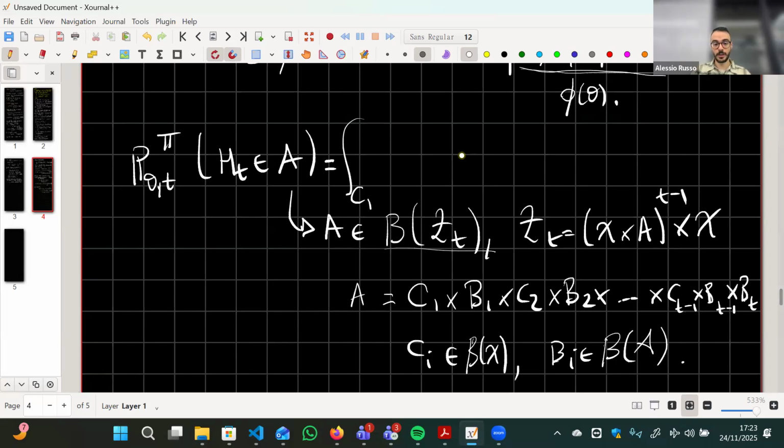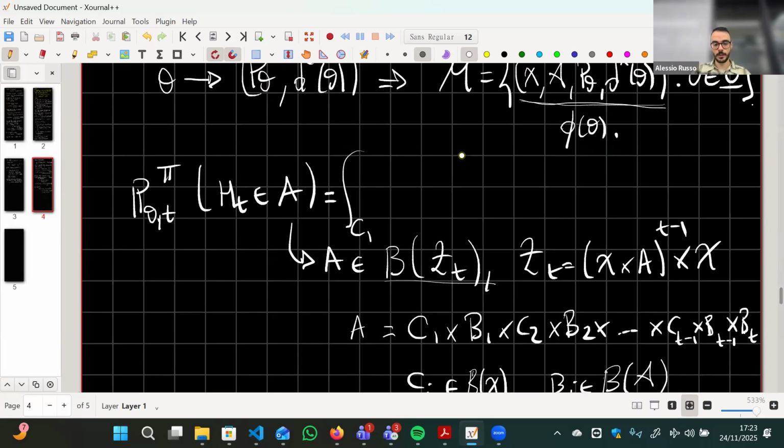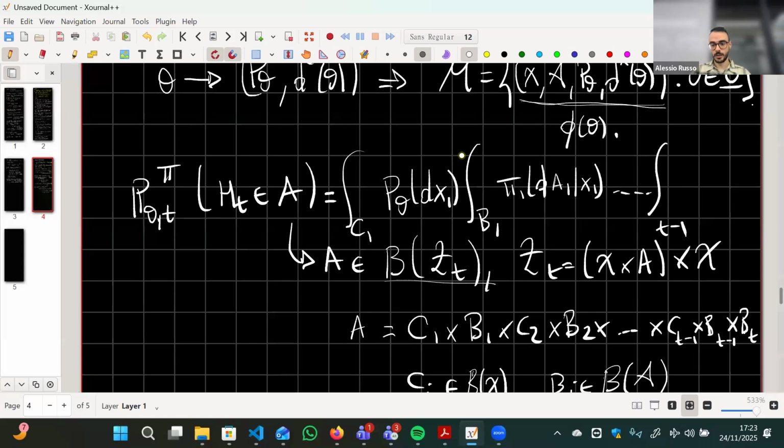So this will be simply the integral over C1 of p theta of x1, integral over B1 of the probability that the first policy took action a1 given x1, and so on.